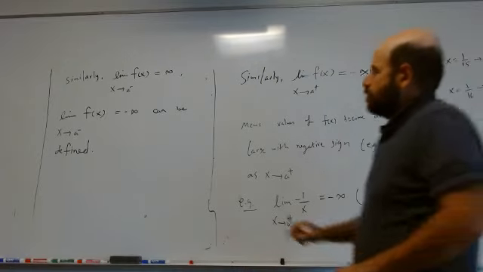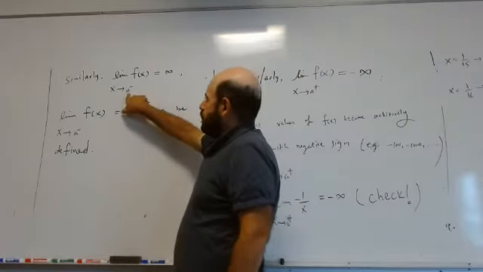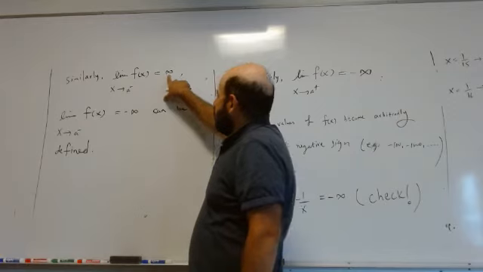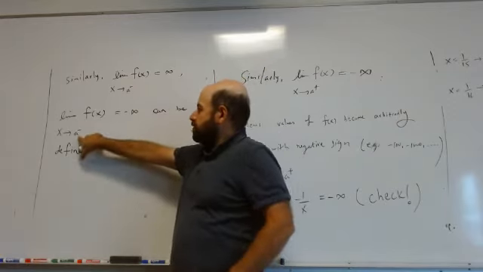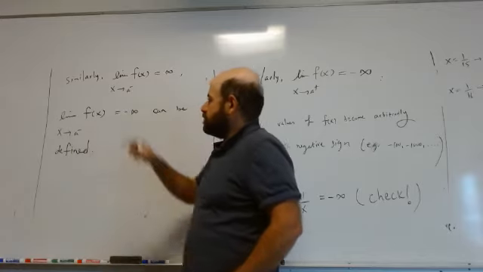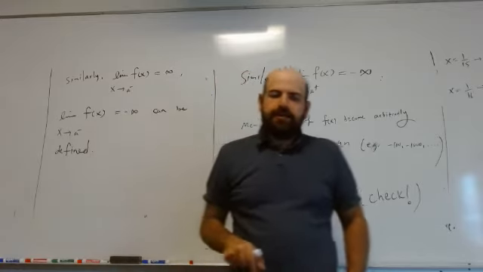Again, this one means as x gets closer and closer to a from left, the outputs become arbitrarily large. This one means as x gets closer and closer to a from left, the outputs become arbitrarily large with a negative sign.